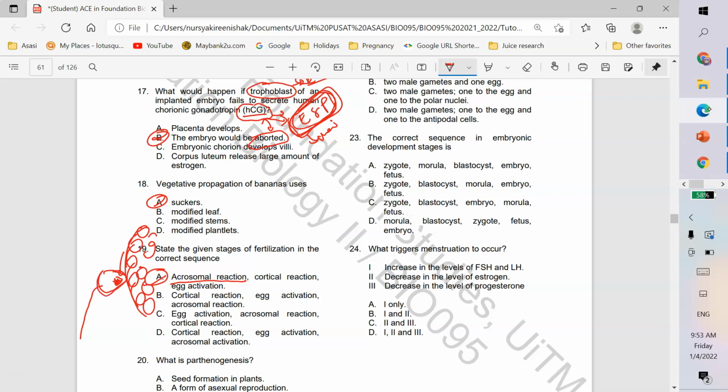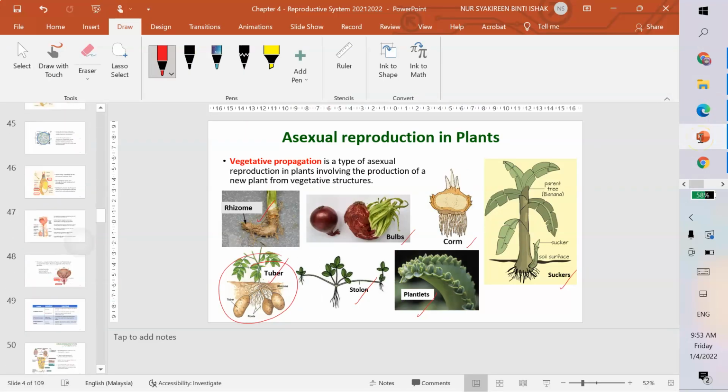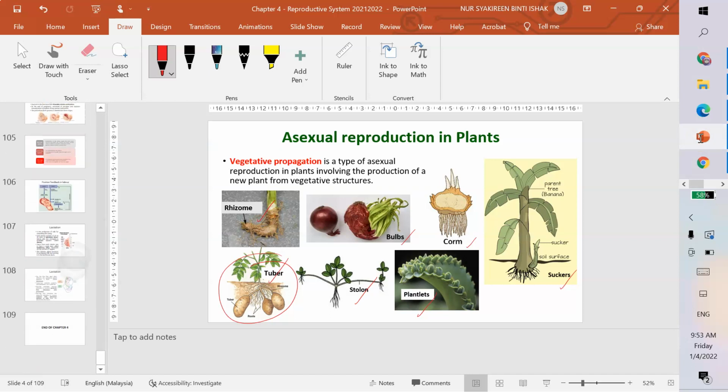Dekat head of the sperm, kan, head of the sperm dia ada dua major component. One is the genetic composition, the nucleus of the sperm that is haploid. Kat tip of the head tu ada sejenis vesicle, we call it as acrosome, which contain enzyme to digest the wall of the secondary oocyte for fertilization to occur. Kan, so please make sure you know what happened during fertilization tu.